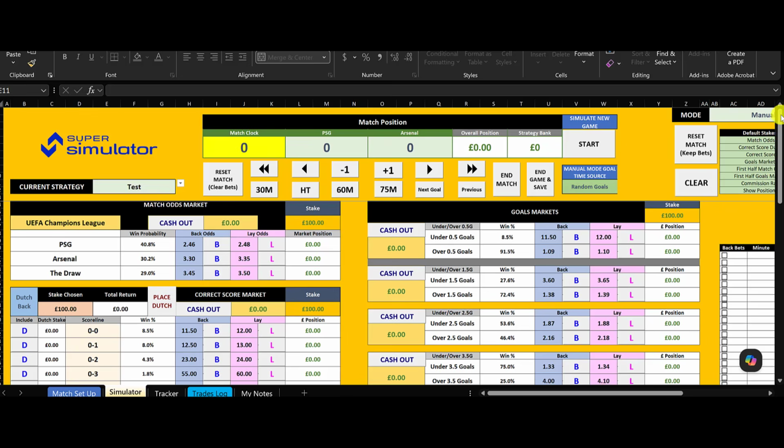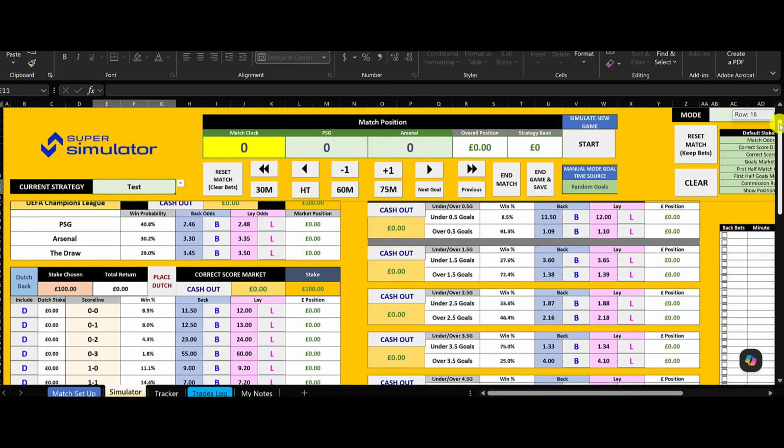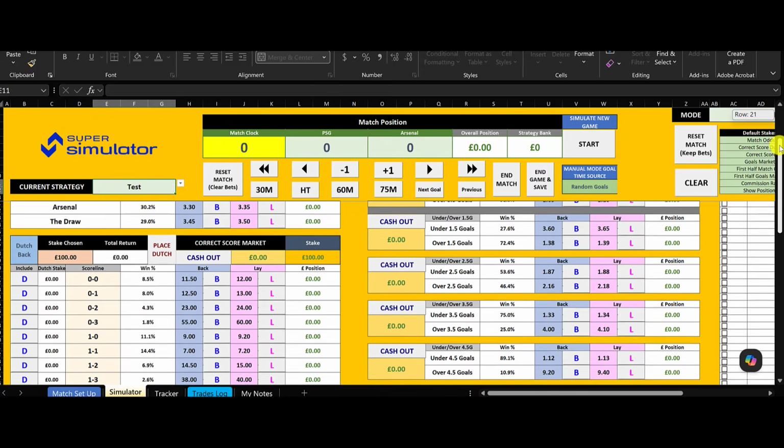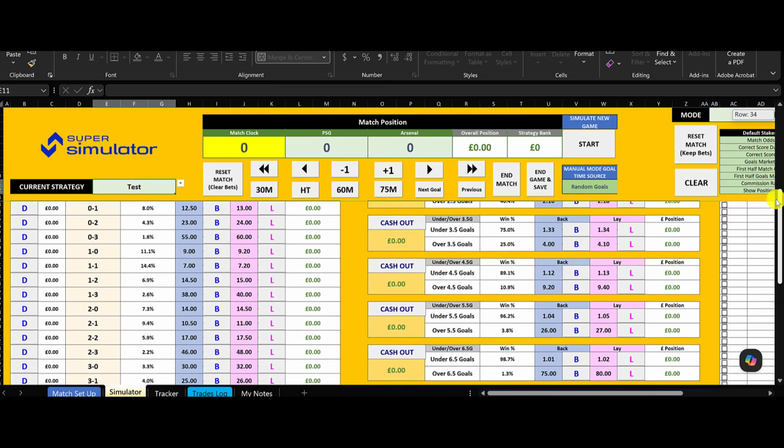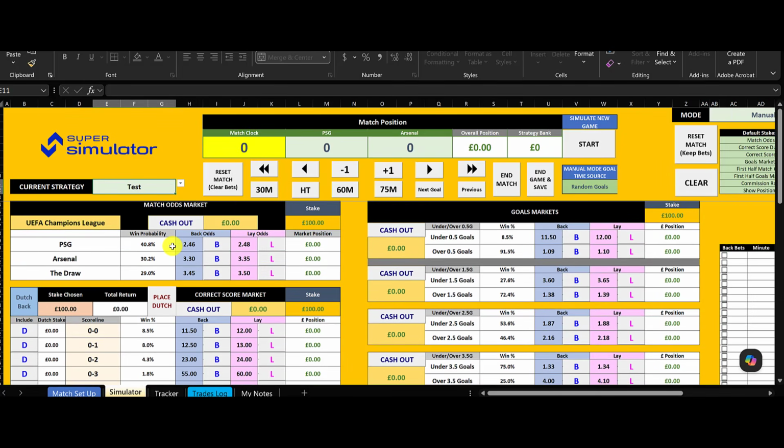So we are here inside the football trading super simulator. We've got that market set up, PSG versus Arsenal, and this is the exact market. And just to be clear on how the football trading simulator works, the simulator is going to find hundreds or thousands of past matches with this exact odds profile. And we're then going to see how games like this, markets like this, actually have played out in the past.